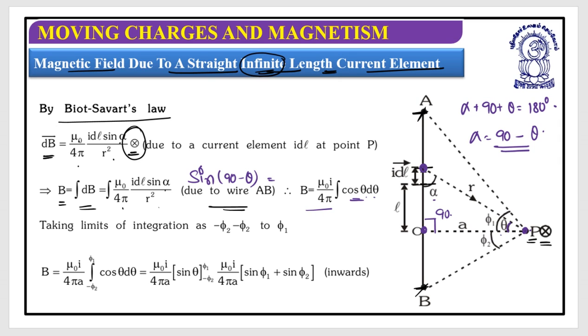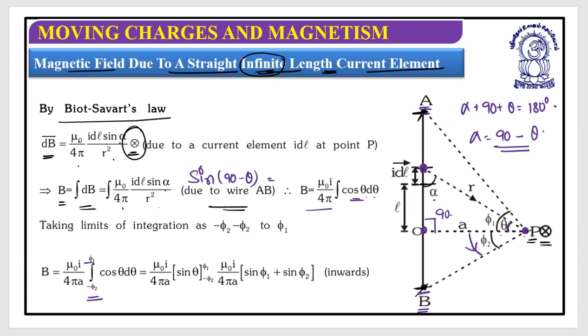I need to cover point B to point A. From point P, if I am looking at point B, I need to rotate in the clockwise direction, and an angle in the clockwise direction is always considered negative. So this is minus phi 2, up to this angle, phi 1.